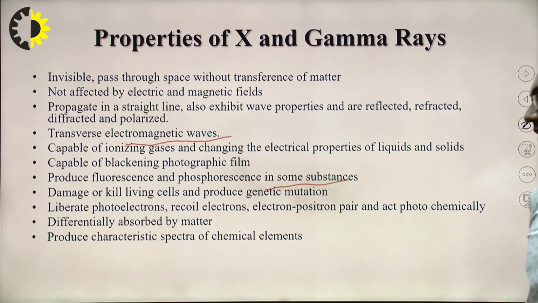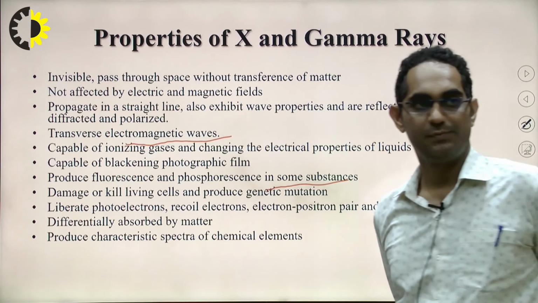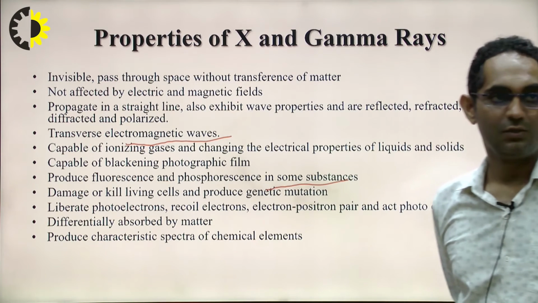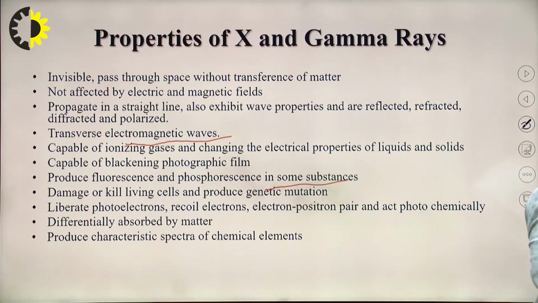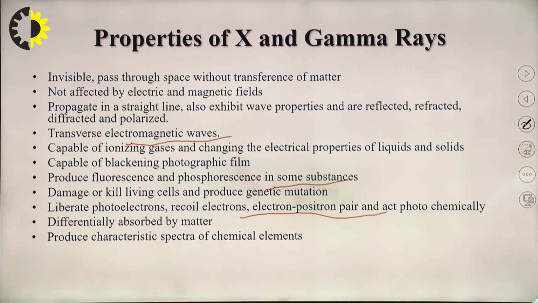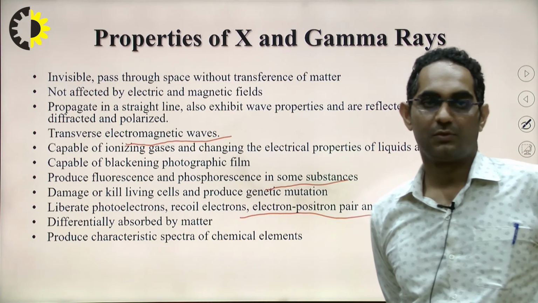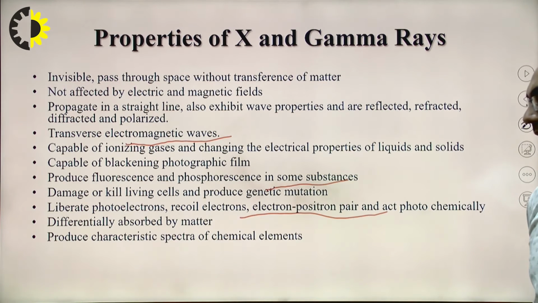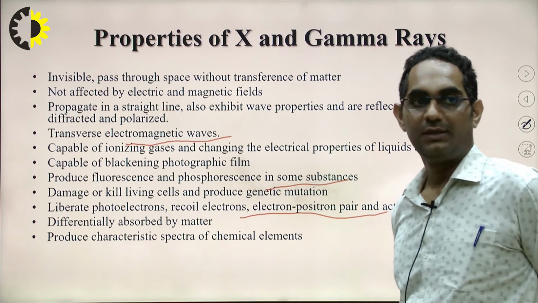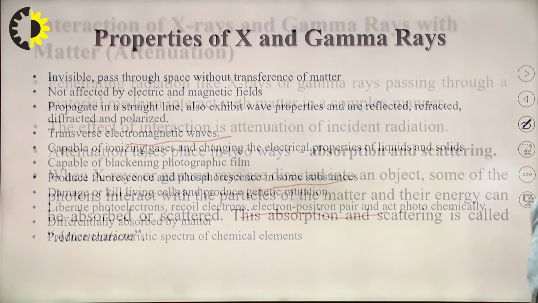They liberate photoelectrons, recoil electrons, electron positron pairs and act photochemically. They are differentially absorbed by matter, and produce the characteristic spectra of chemical elements.